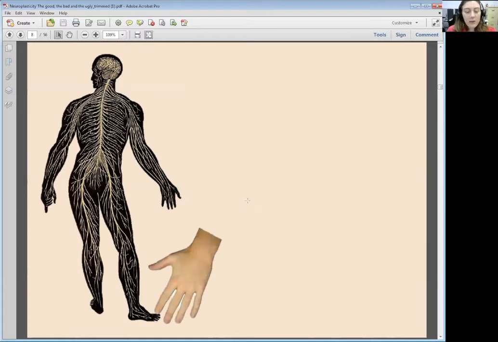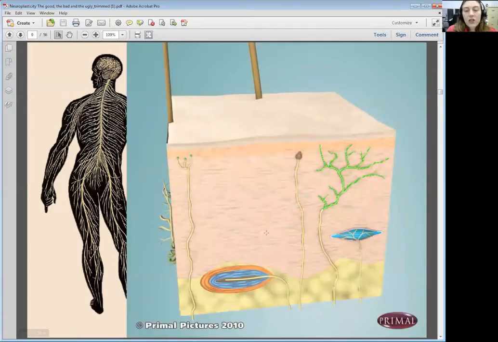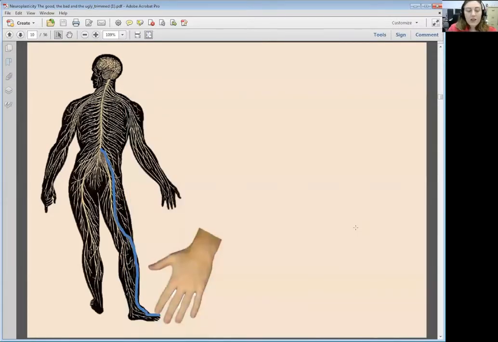So take, for example, if I reached out and touched this person on the toe. So touch receptors in this person's toe would pick up my touch. So the receptors look something like this. They would turn my touch into a message that can be sent to the brain. So first of all, the message is sent up to the spinal cord.